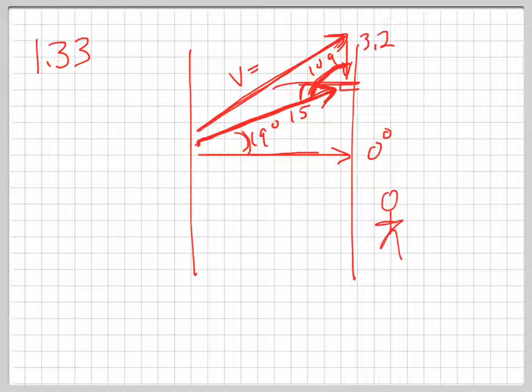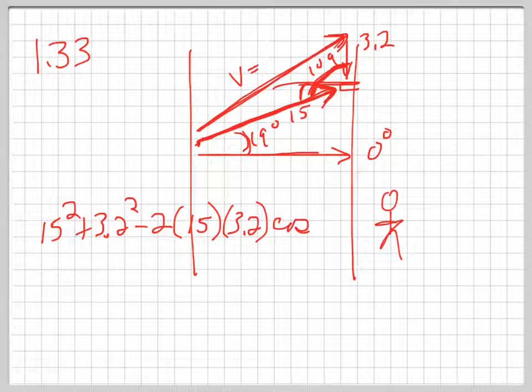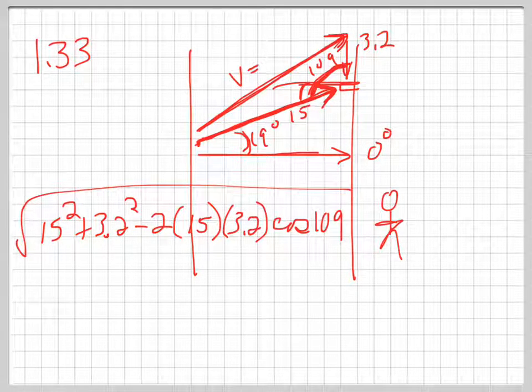And I can use the law of cosines: 15 squared plus 3.2 squared minus 2 times 15 times 3.2 times cosine of 109, and then I'll have to take the square root of that whole thing.